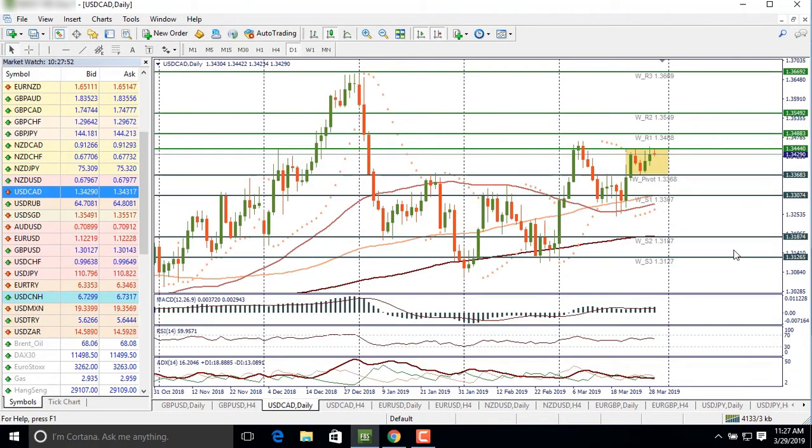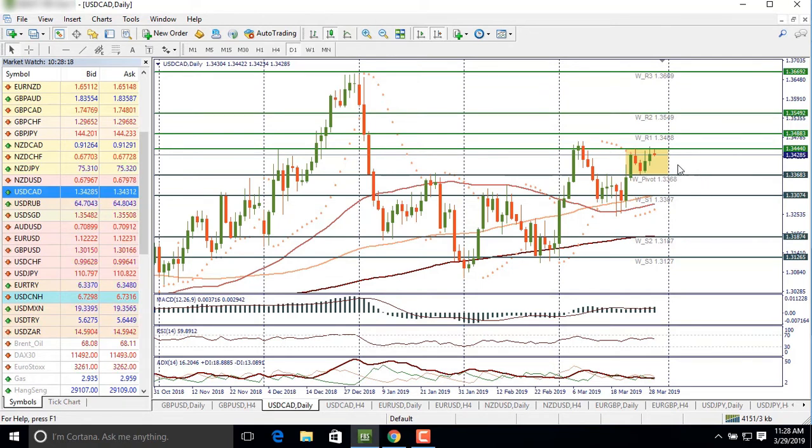Now let's look at the daily chart of USD CAD. We can see that the pair failed to break the resistance at 134.44 and is currently moving downwards towards the support at the weekly pivot at 133.68.